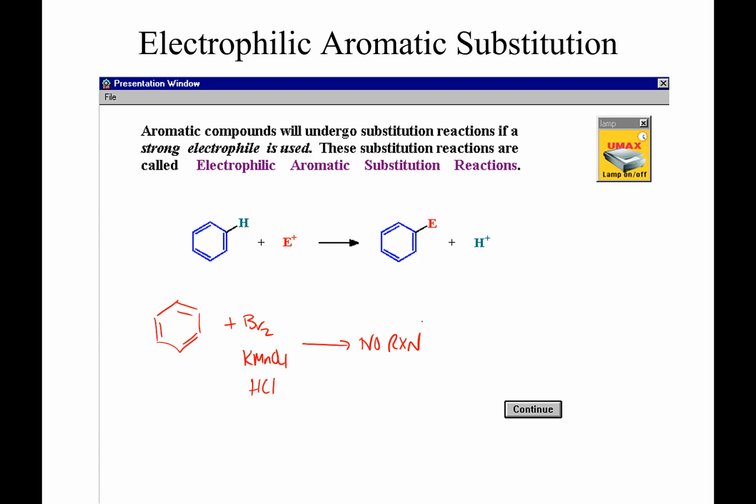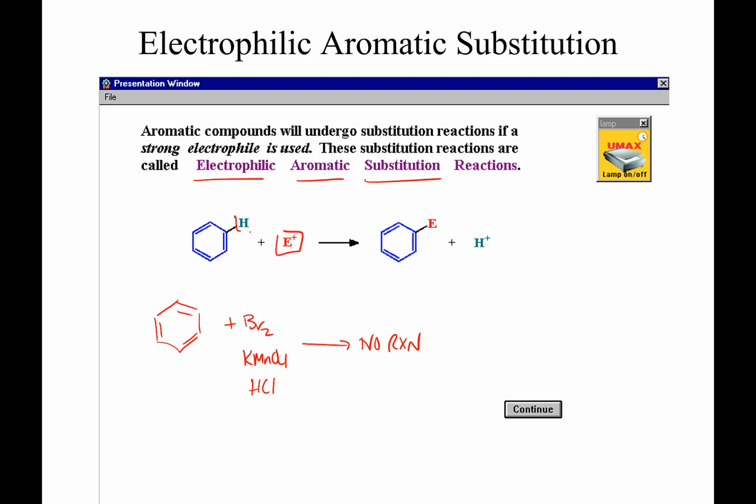So how do we add things to the benzene ring? And that's what's going to be called electrophilic aromatic substitution. Okay. So the basis of electrophilic aromatic substitution is this. I'm going to add an electrophile with a positive charge to the benzene ring.